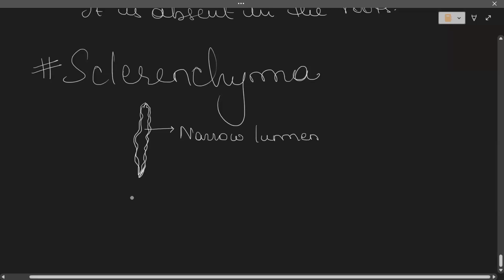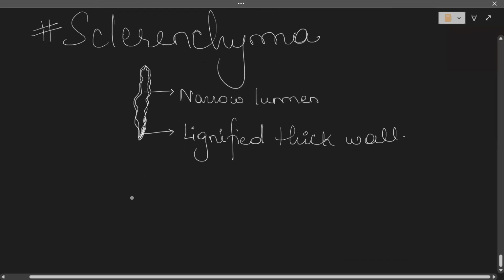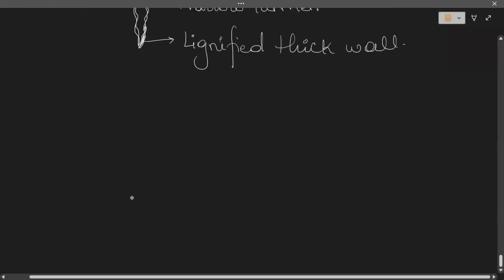When you draw it, shade the whole entire thing. This part is the lignified thick wall. Now, lignin is a material which is very hard, and this material lignin is present in the sclerenchyma.